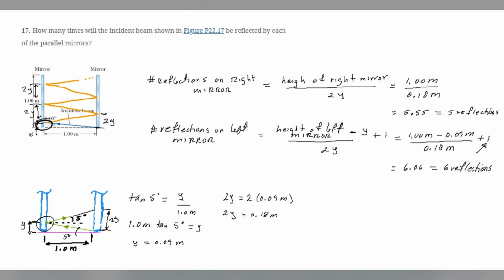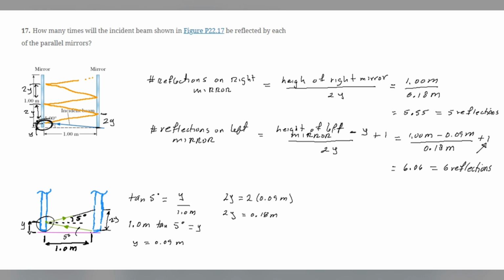So how many reflections do we have in the right mirror? We have 5 reflections. How many in the left mirror? We have 6 reflections. If you want to analyze this, you can think of something like this.